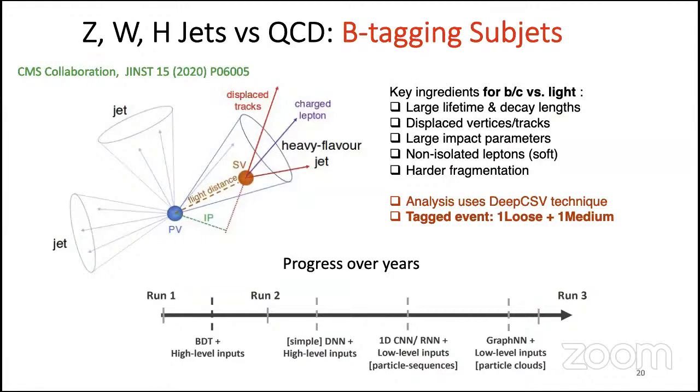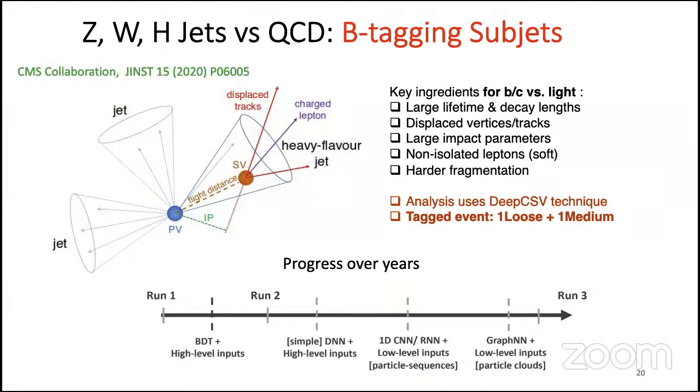So over the years, these techniques have been tuned in Run 1 and also in Run 2. CMS used BDTs, boosted decision trees, and now we use deep neural networks, different techniques of neural networks.